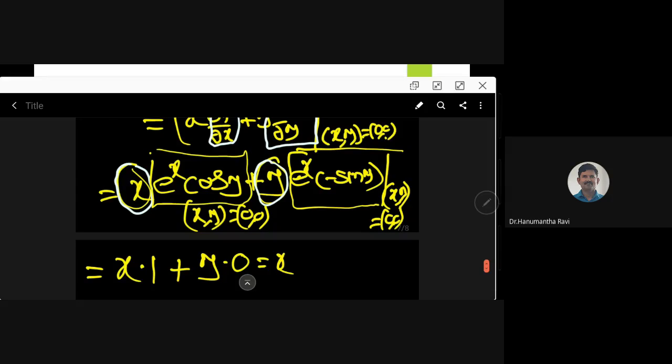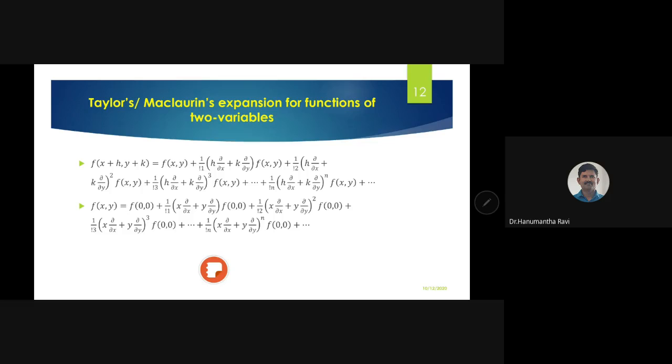What do we mean by the second term here? The second term is 1 by factorial 2 into (x ∂/∂x + y ∂/∂y) whole square applied on f(x, y) at (0, 0). That we need to see. So that part we will calculate now.